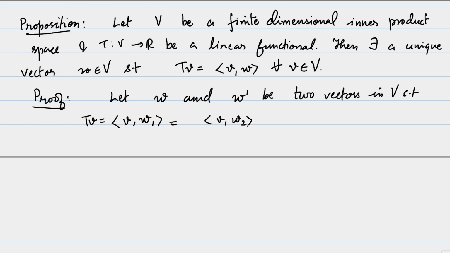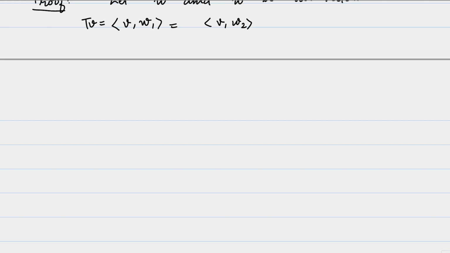Suppose we have two such vectors, W1 and W2. This is for all V, right? But then the properties of inner product imply that the inner product of V with W1 minus W2 is equal to 0. This is again for all V in capital V, because <V, W1> minus <V, W2> is <V, W1 minus W2>. That's what I have written down inside.